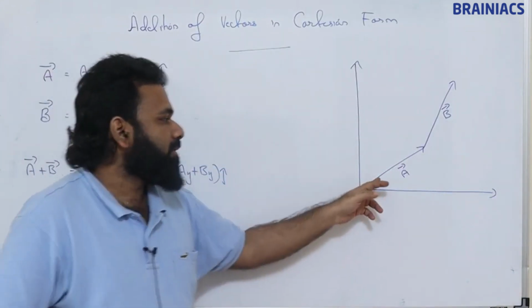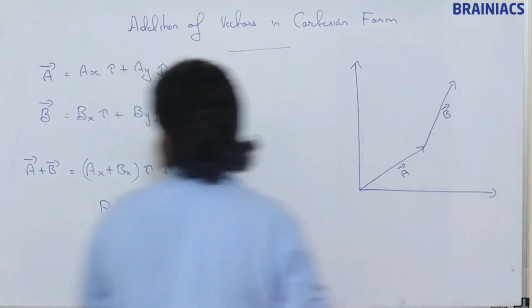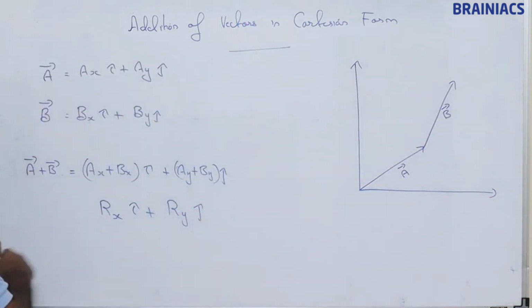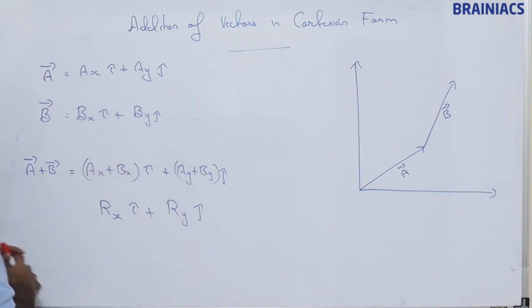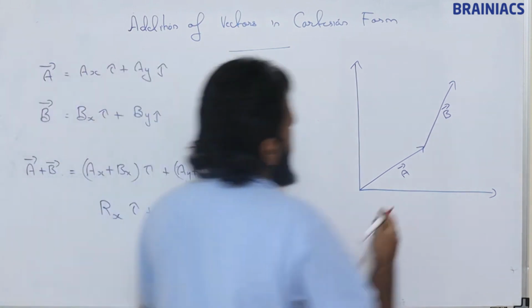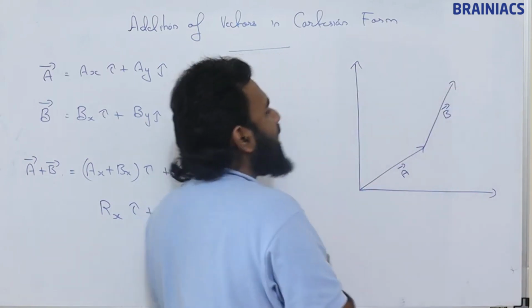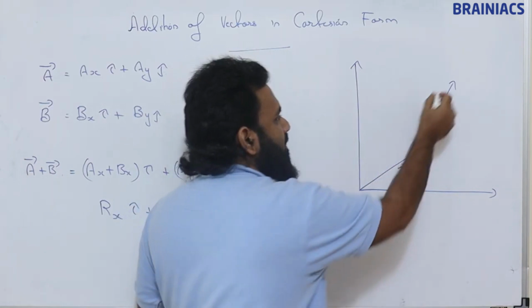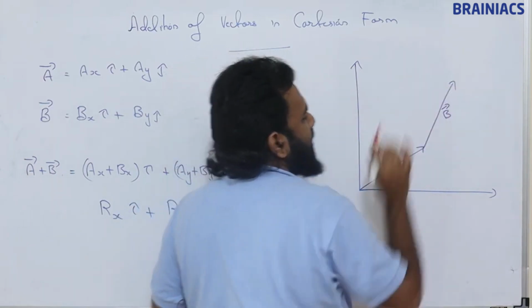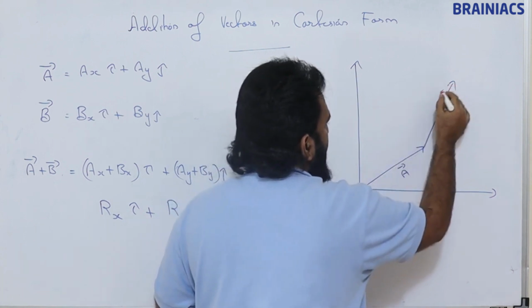Suppose this is vector A, this is vector B. We are claiming that the resultant is (ax plus bx) i and (ay plus by) j. How is this true? If this is vector A and this is vector B, what is the resultant of these two vectors? It is in the opposite direction, closing the triangle, correct?